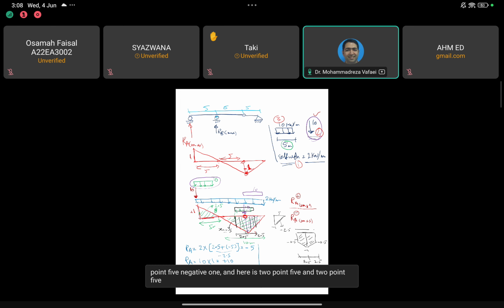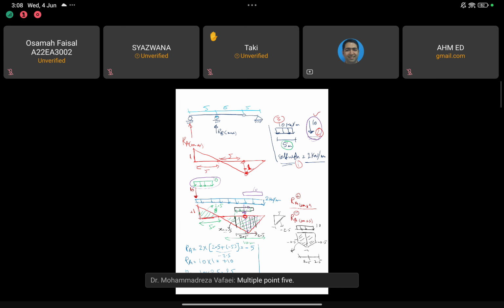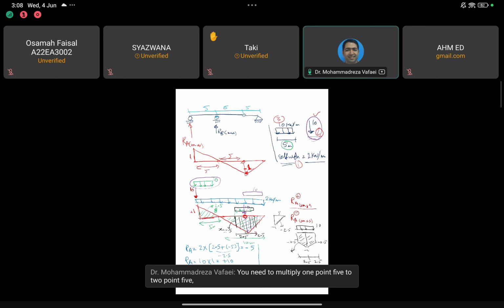And your load is right in the middle of the span with the intensity of 10. So this area you can easily calculate. Negative 1 plus this one becomes 1.5. You need to multiply 1.5 by 2.5 and then divide by 2. So you get 1.87, and then multiplied by 2 because you have two areas, the total area becomes 3.75.